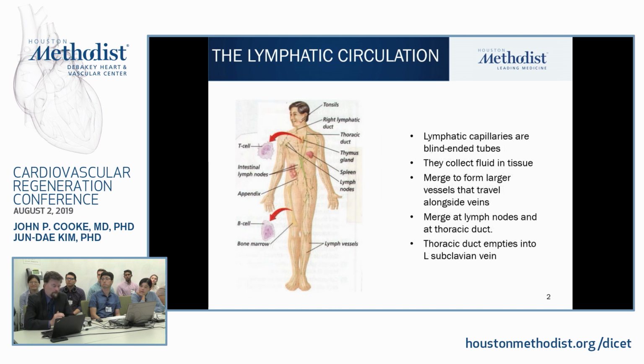The thoracic duct is in the chest, obviously, and empties into the left subclavian vein. So all of that fluid and protein that the lymphatics have collected ultimately end up in the thoracic duct and it empties into the left subclavian vein. So that fluid and protein gets returned back to the circulation.